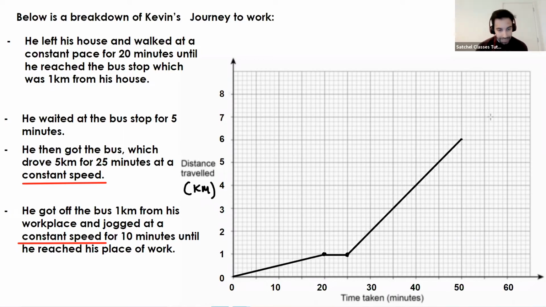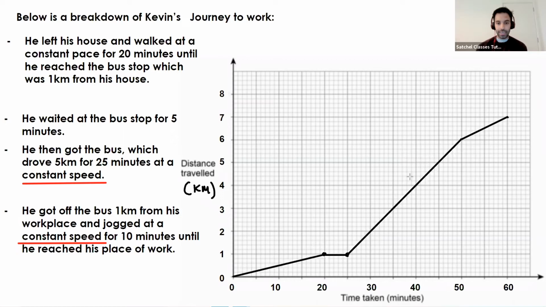And he jogged for 10 minutes. So it took him 10 minutes to reach his place of work. So we need to go 10 minutes here, and then another kilometer up here. So that's the point which we need to make. And then we can draw a line to that point as well.